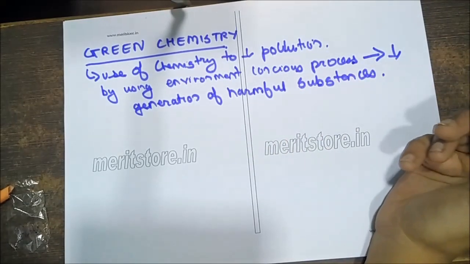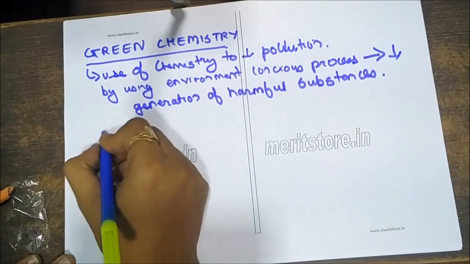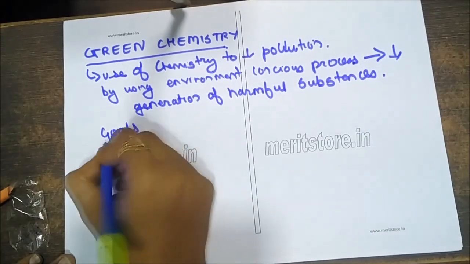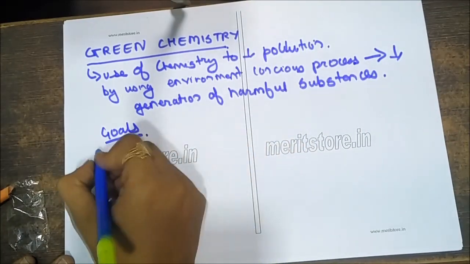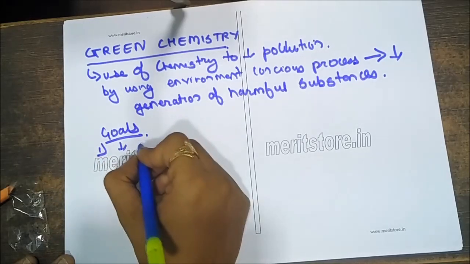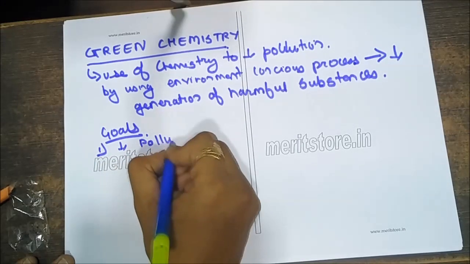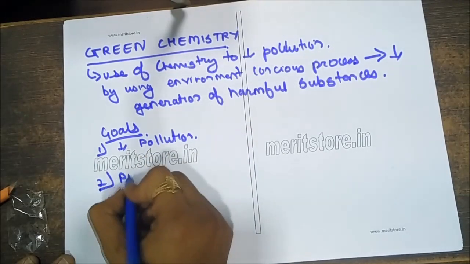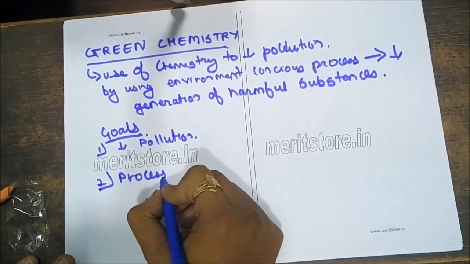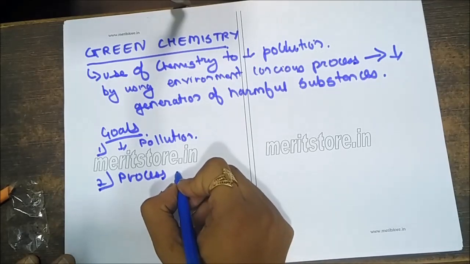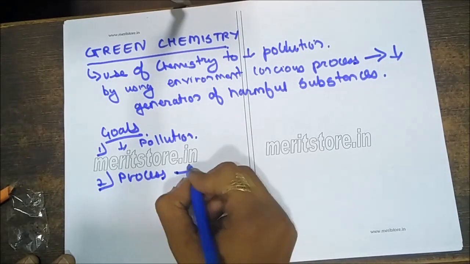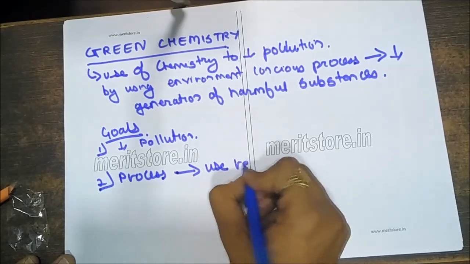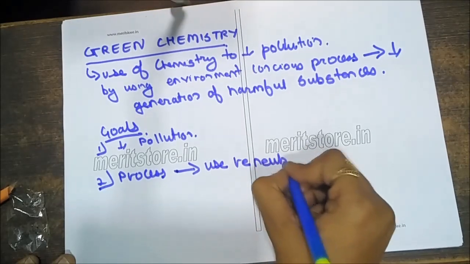Now what are the goals of green chemistry? First, the immediate goal is to reduce environmental pollution. Second is to develop processes that use renewable reactants.